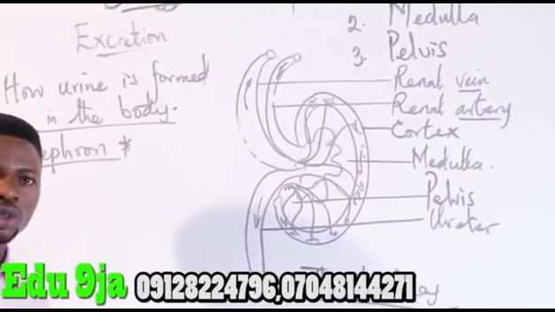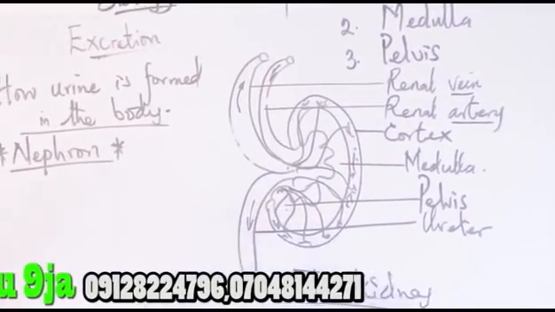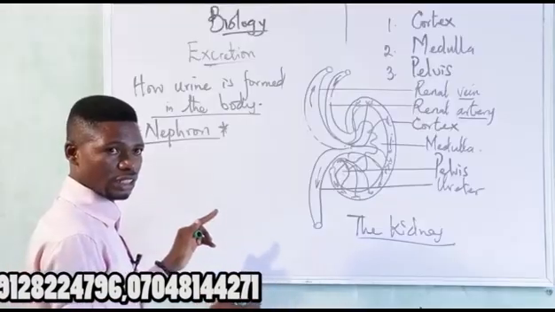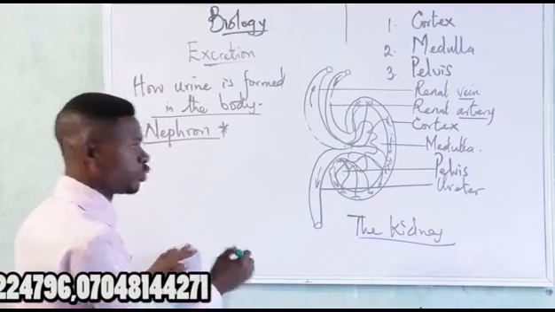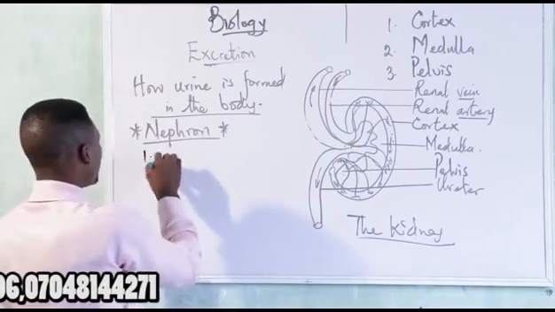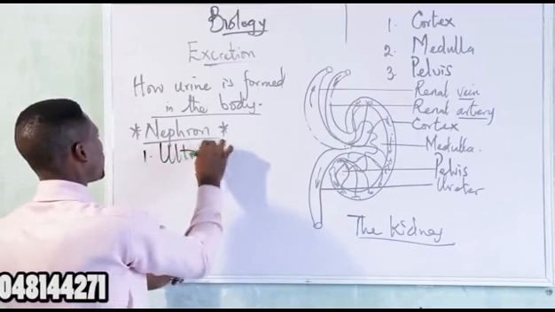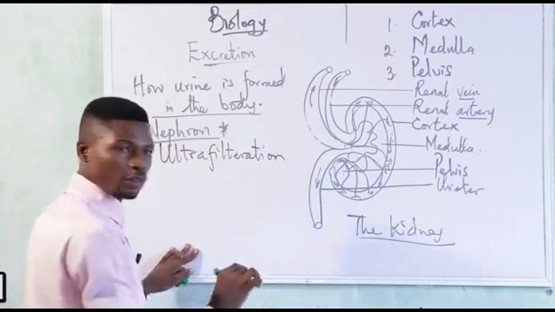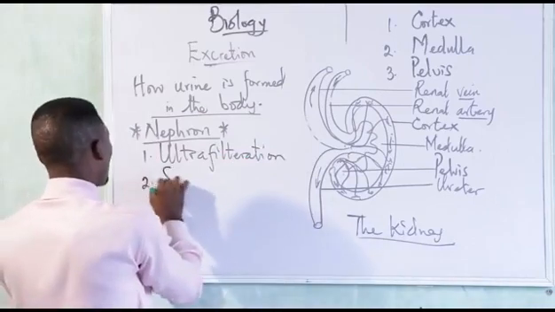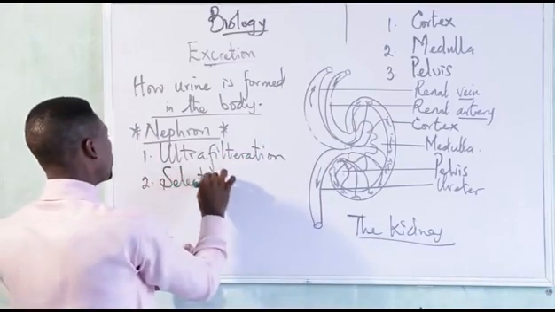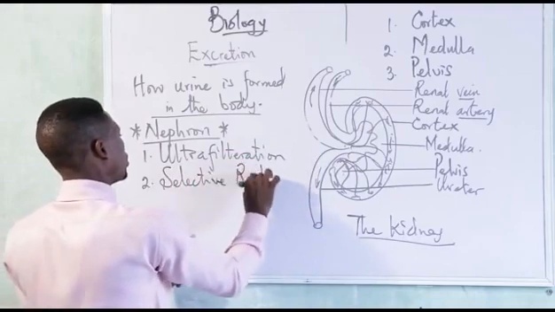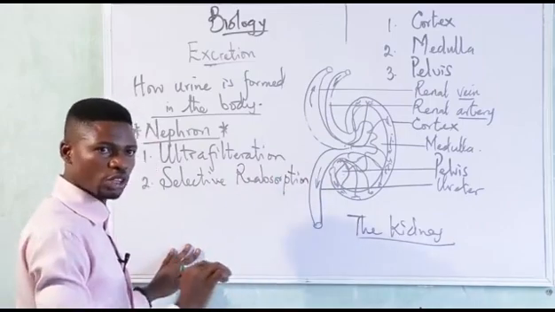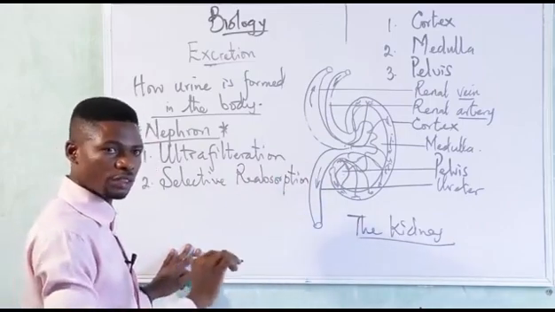Now, I've just taken you a step ahead. Let me take it back again. There are three stages involved in the formation of urine. First, ultrafiltration. Second, selective reabsorption.